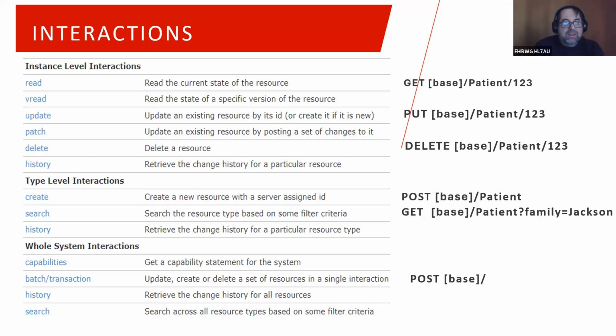It's also possible to do transactions with a system. Transactions are really important where we have a set of resources that need to go together. An example might be a record that contains a patient, the managing organization for the patient, their usual GP that gets referenced from the patient, and maybe a couple of observations that reference that patient. We want to make sure they all get submitted together.